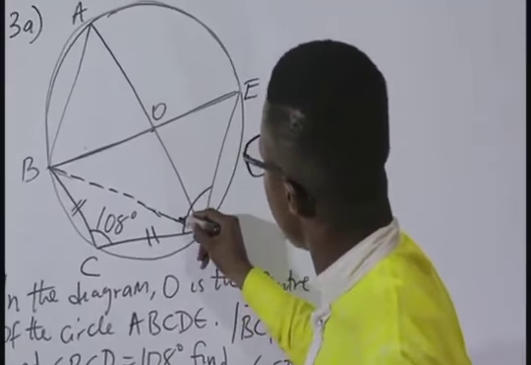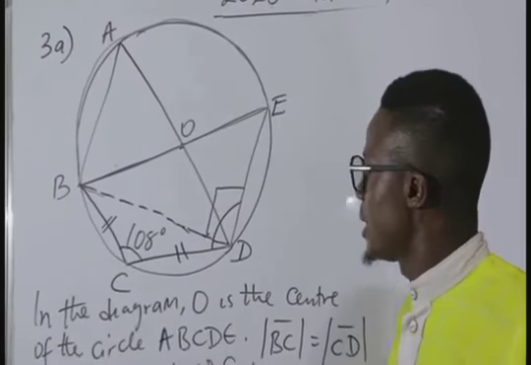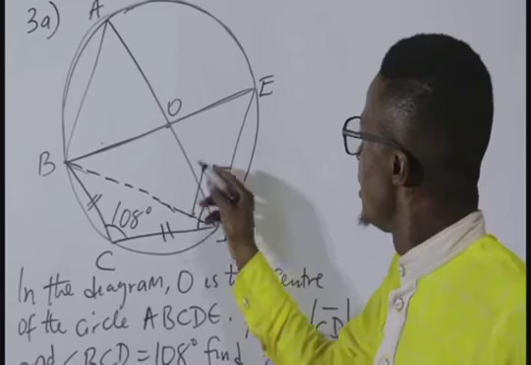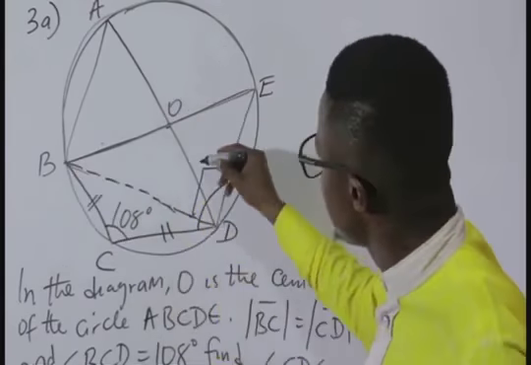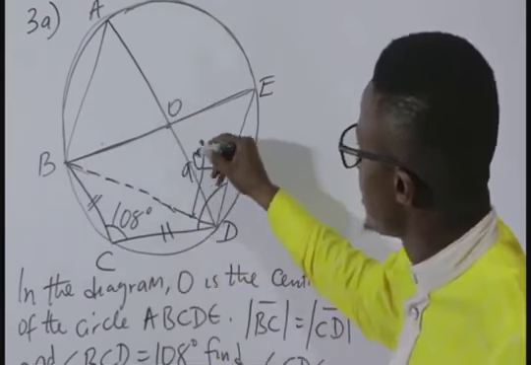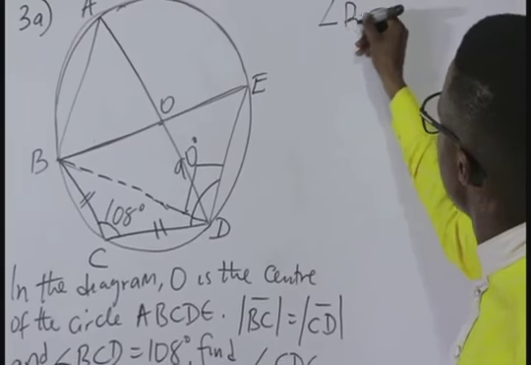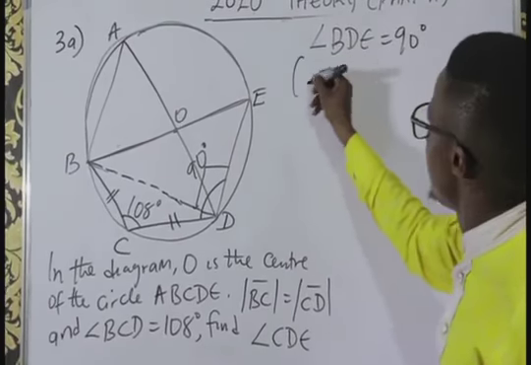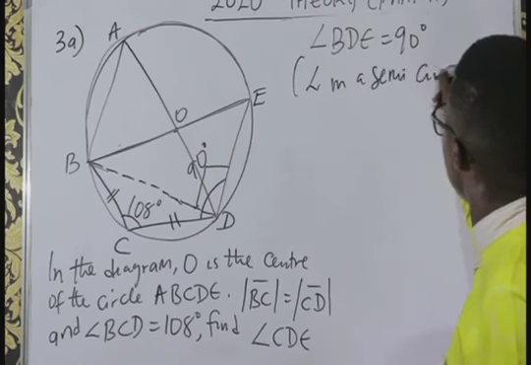And you know that angle at a semicircle is 90 degrees. Since this is a diameter, this is a semicircle, and angle at a semicircle is 90. Therefore, this angle here is 90 degrees. So you can write angle BDE equal to 90 degrees.